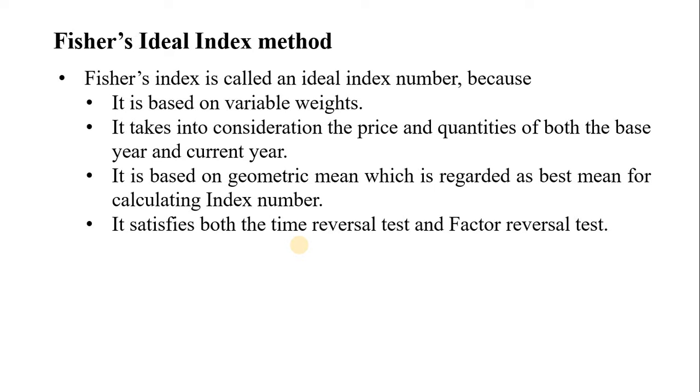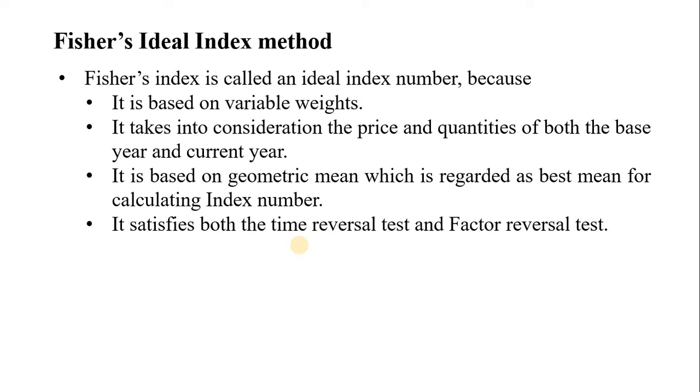There are many tests to check the adequacy of an index number, and the most important tests are the time reversal test and the factor reversal test. This Fisher index number is the only index number that satisfies both the time reversal as well as the factor reversal test.